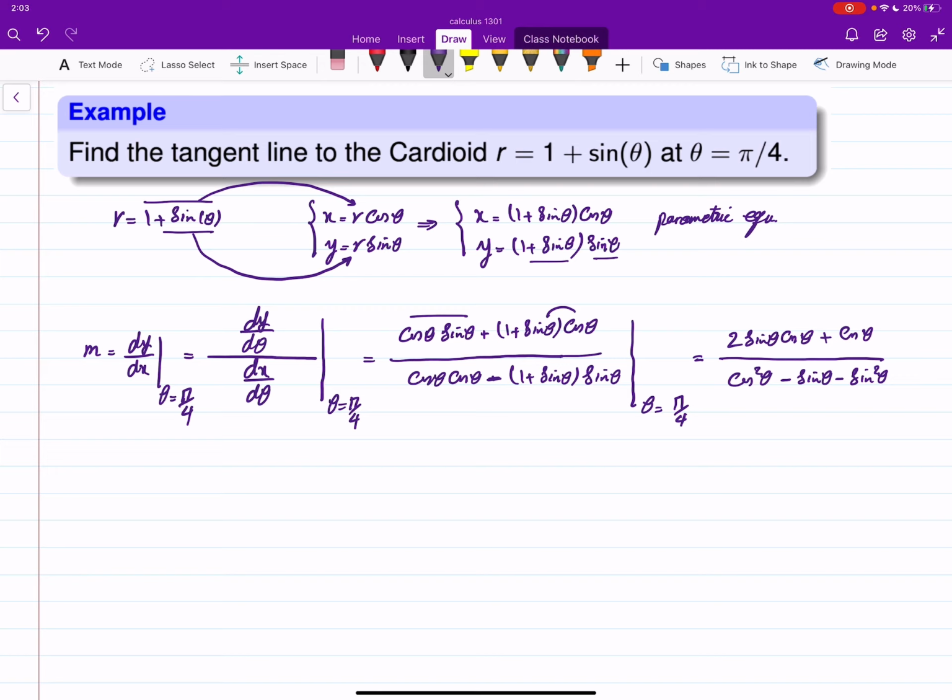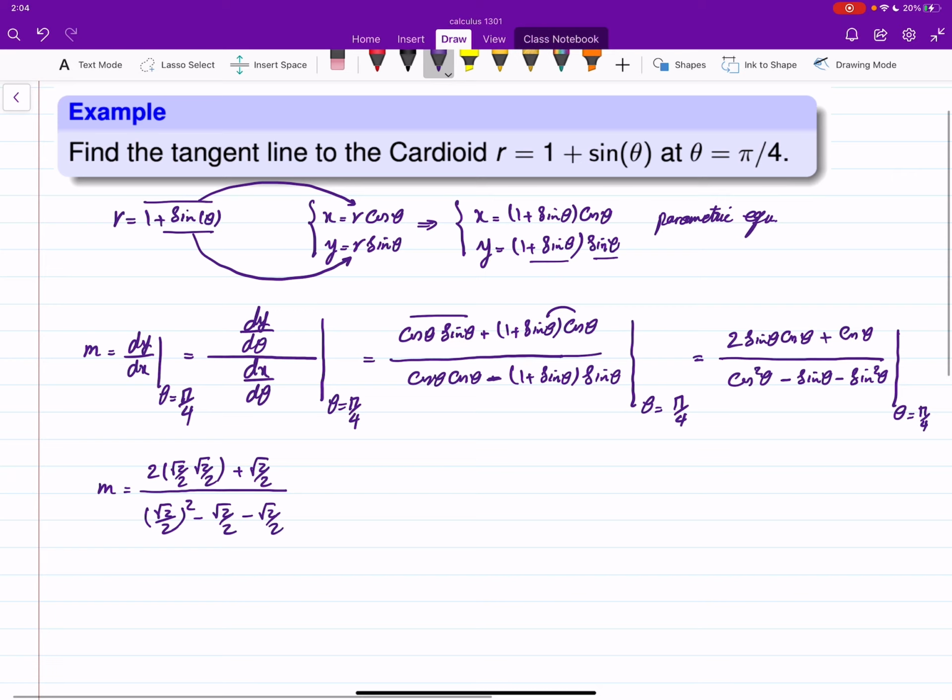So m, the slope, is going to be: plug in theta equal to pi over 4. In the numerator it will be 2 times root 2 over 2 times root 2 over 2 plus root 2 over 2. In the denominator we have root 2 over 2 squared minus root 2 over 2 minus root 2 over 2 squared. Very nice.